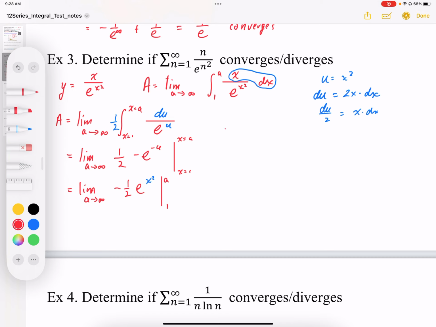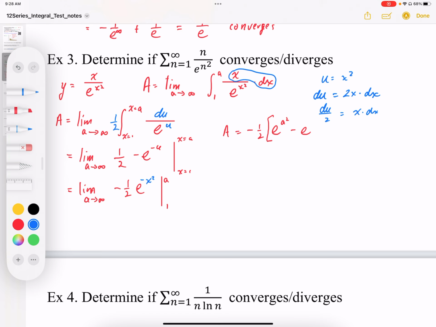So the area, I'm going to continue over here. Area is equal to negative 1/2. I'm going to substitute the a in now: e to the a squared minus, put brackets around that, e to the negative 1 squared. I forgot my negative in here.